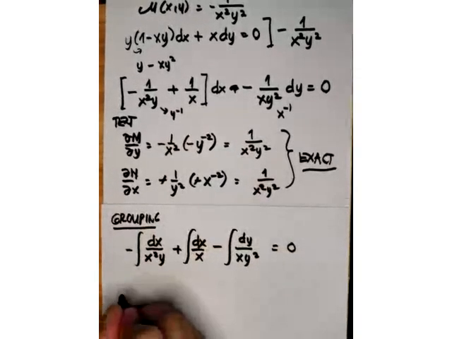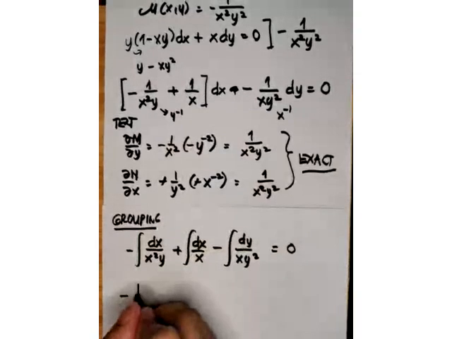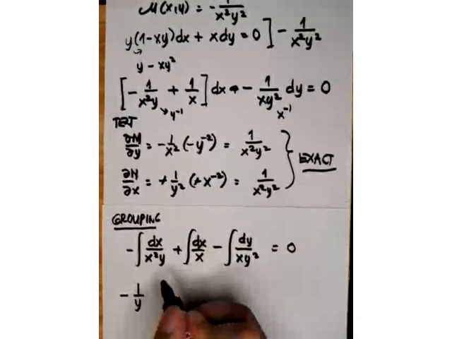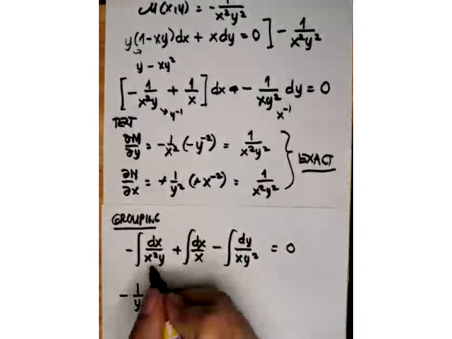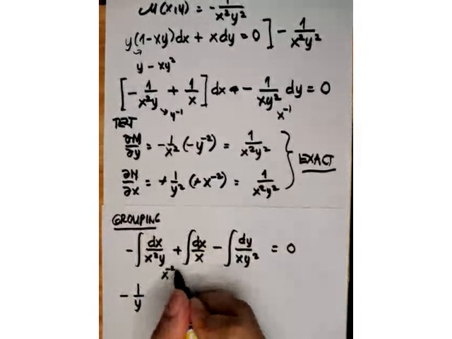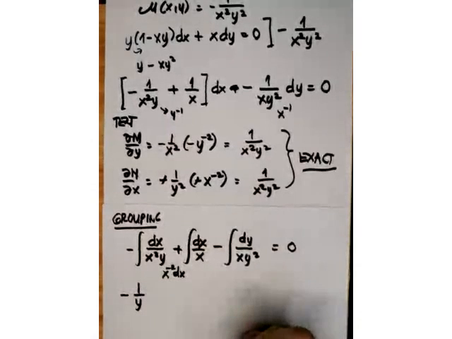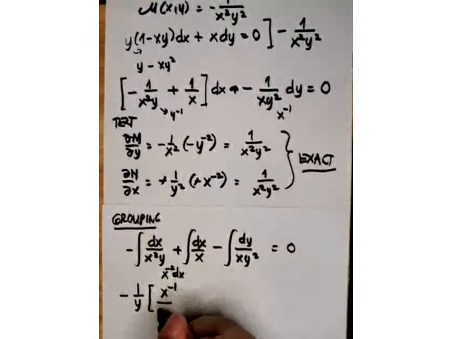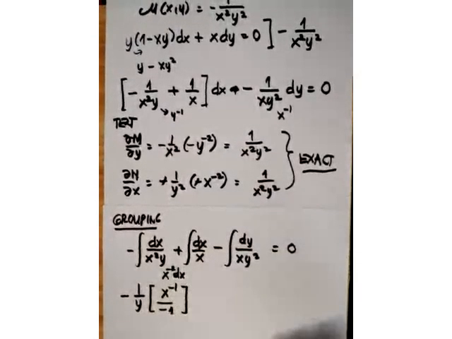So I will bring out 1 over y because that is a constant. And then, okay, tatas ko na lang yung negative 2, ayan, x raised to negative 2. So that's equal to x raised to negative 1 over 1. Okay?